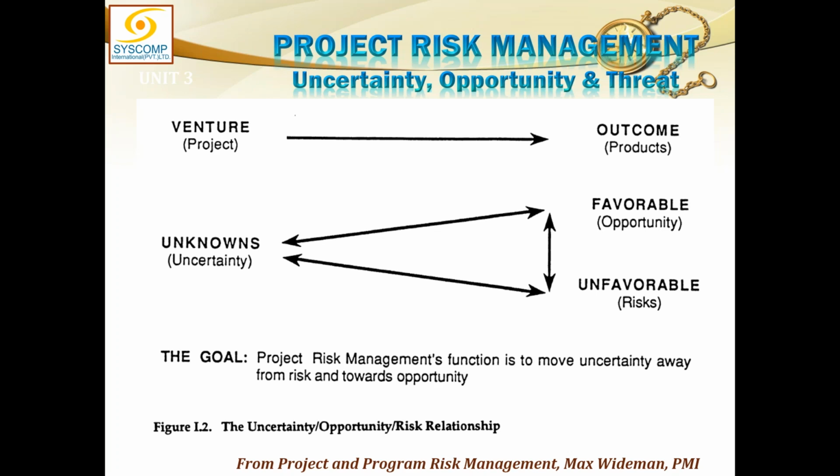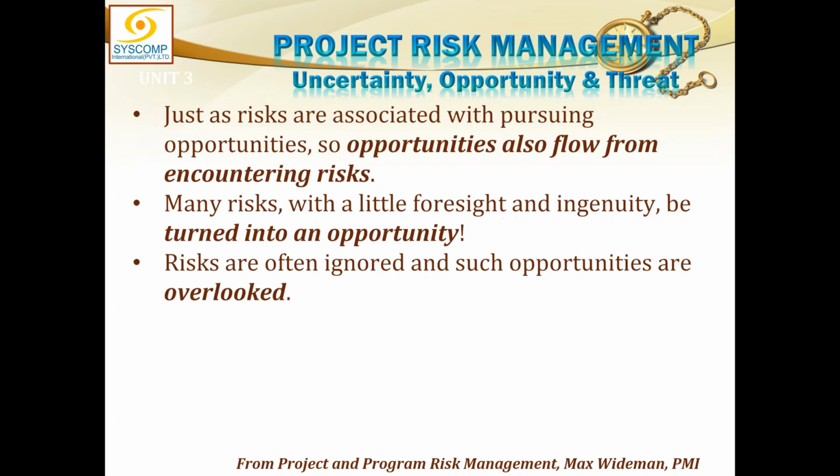Naturally, we want to increase the opportunities and reduce the threats, so we are trying to shift the balance towards the good things, towards the positive side. So the goal of project risk management is to move uncertainty away from risk, I mean threat, and towards the opportunity. So we want to avoid the threat and move towards the opportunity. We want to turn all negativity into benefit for ourselves.